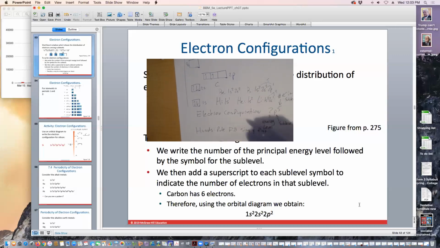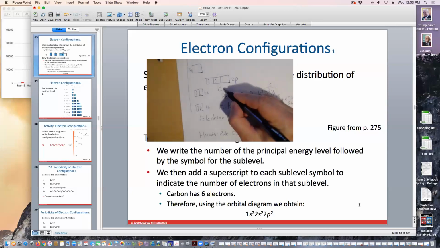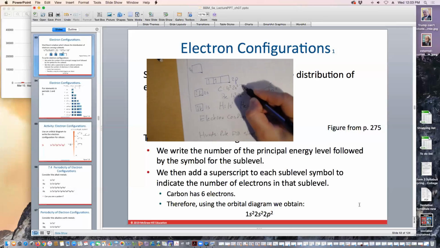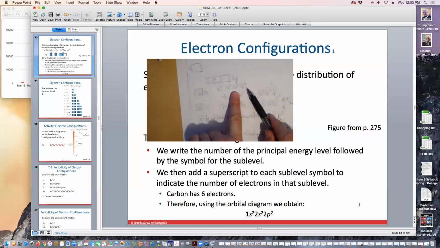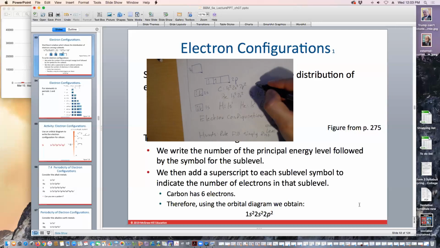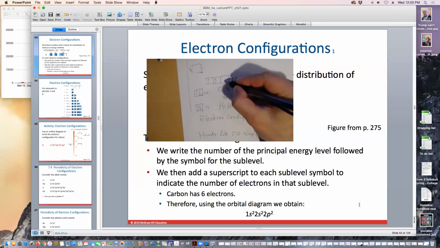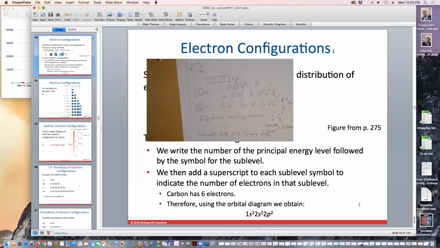So carbon would be 1s2, 2s2, 2p2. So notice the electron configuration does not show Hund's rule. So you only see Hund's rule when you fill out an orbital filling diagram. Let's continue. We go to nitrogen. So nitrogen, 1 more electron, I'm still going to fill singly. 1s2, 2s2, 2p3. And that's a total of 7 electrons.